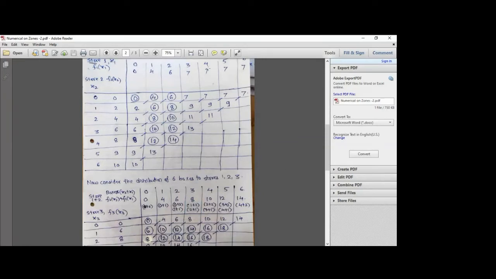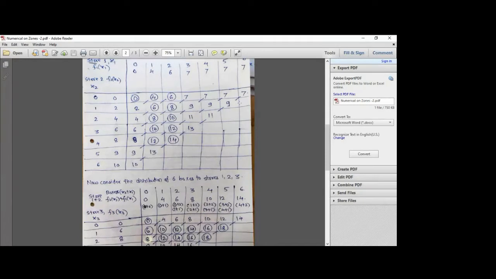For 4 number of crates, the maximum profit that you are getting is 10, and the combinations are 2 plus 2 and 3 plus 1.